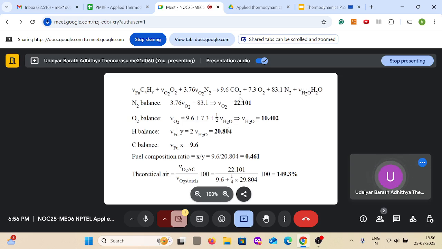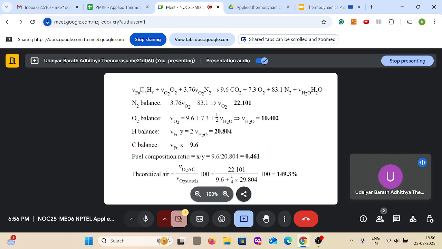So substituting the moles of oxygen, we can find the moles of water, which comes out to be 10.402. Next is hydrogen balance: moles of fuel into y gives you 2 times the moles of water. So substituting, we can find moles of fuel into y as 20.804.